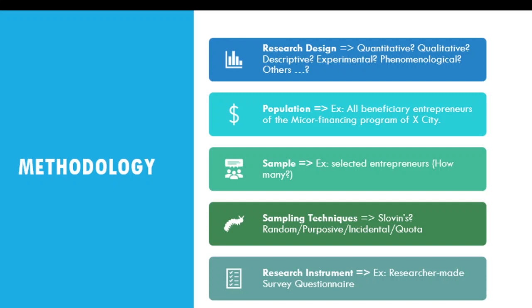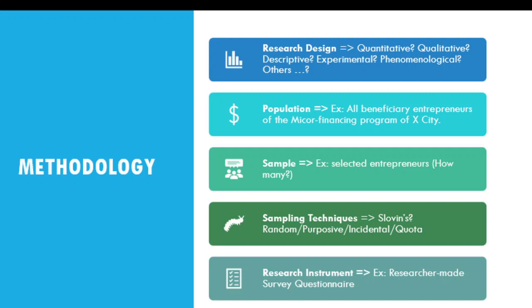Now the third one is sample. Example: selected entrepreneurs. These samples are the ones provided with the survey questionnaire, or the ones being interviewed. How many are they?